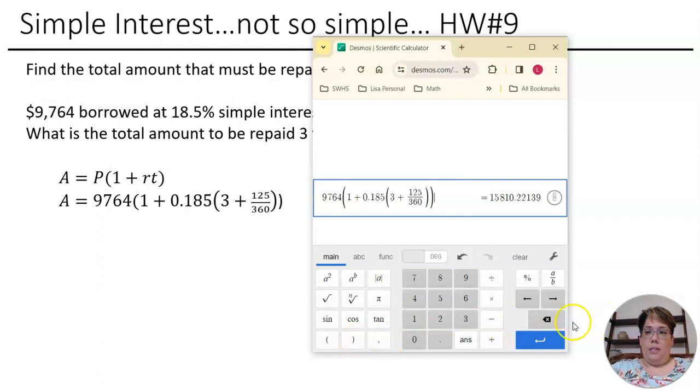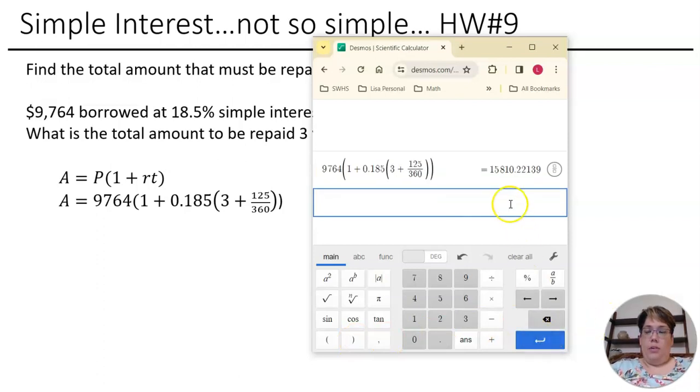And then our last set, we can hit enter. And you see that the answer is this $15,810. And if I rounded that, it would be 22 cents. And that's our answer, and we're done with this problem. And so you could just write that answer, type that answer in, and you are totally done.